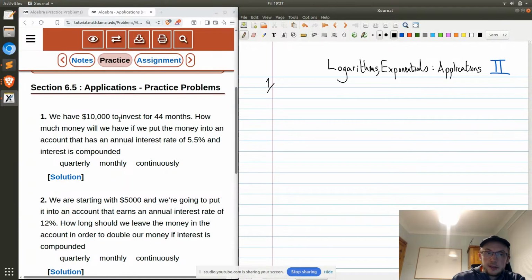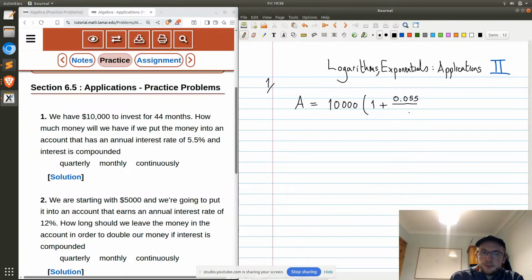There's the initial investment. There's the amount of months. Okay, so it is, if it's quarterly, 10,000, 1 plus what would be the rate, which is 5.5%. So this much.